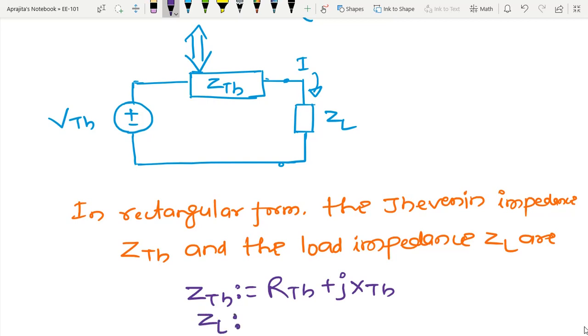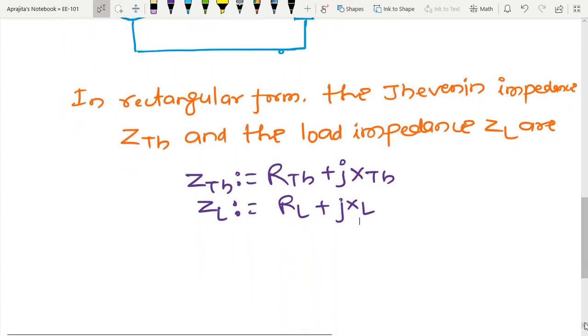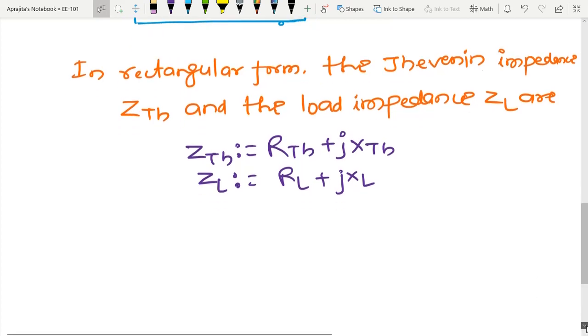And ZL is again RL plus jXL. If the reactance is equal to 0, then again I can recover the same ZTH and ZL as in the previous part of this course.